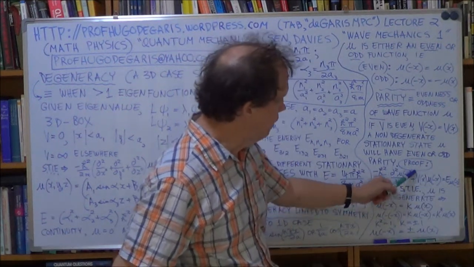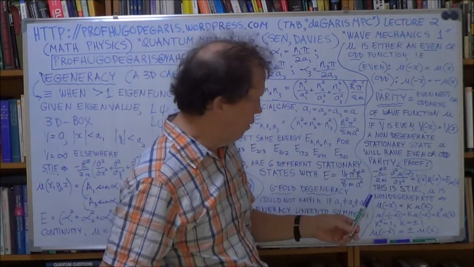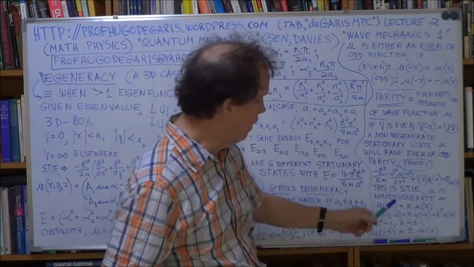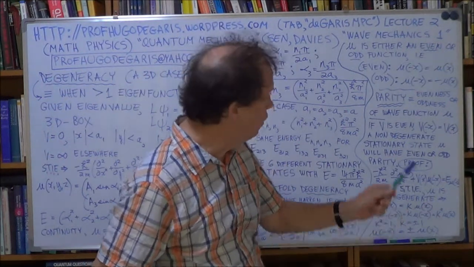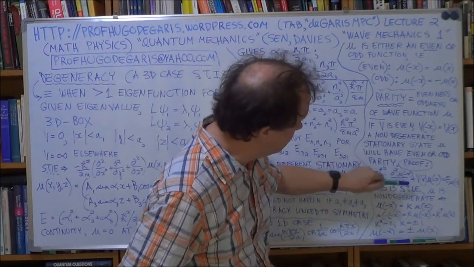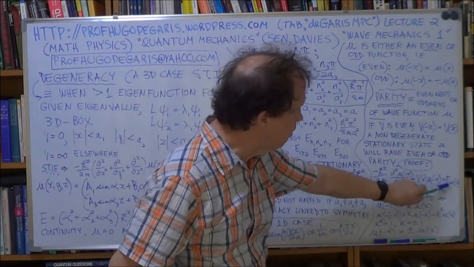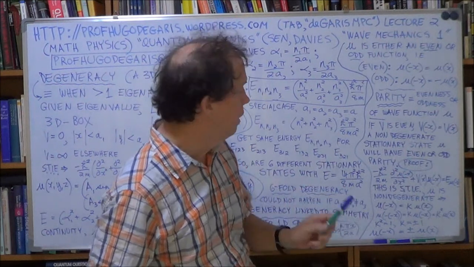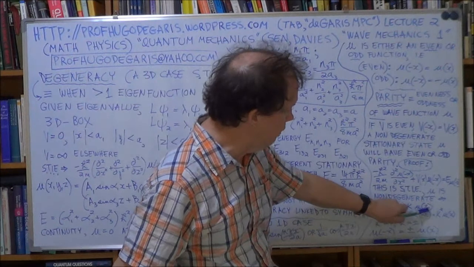So this function, whatever it is, u of minus x, must be the same, except for a constant, as u of x. It can't be different. If this were not some constant times u of x, that means you'd have two eigenfunctions for the same E, and that, by definition, is degenerate. So therefore, your u of minus x must be some constant times u of x.